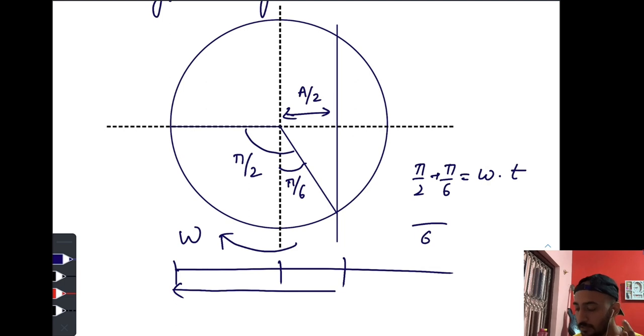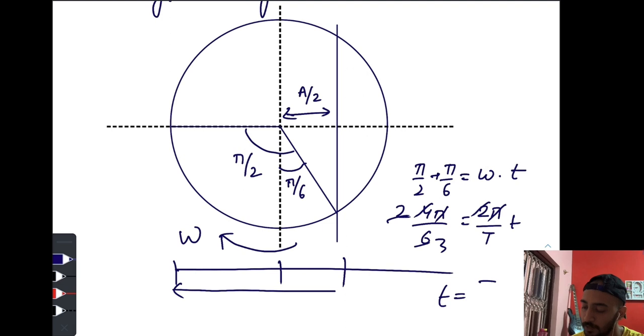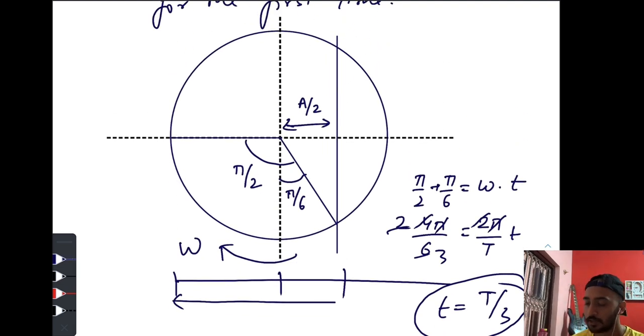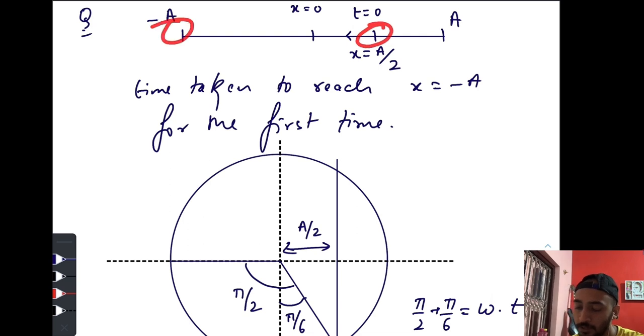So 2 pi by 3 equals 2 pi t by T, pi gets cancelled out, so the time taken is T by 3. Okay, so to reach from here to here, the time taken is time period by 3.